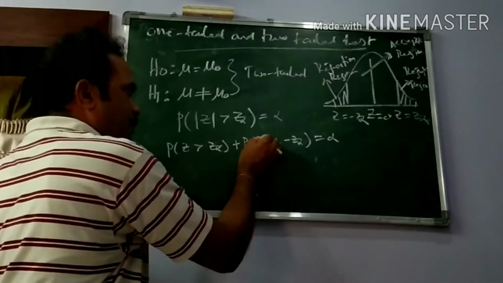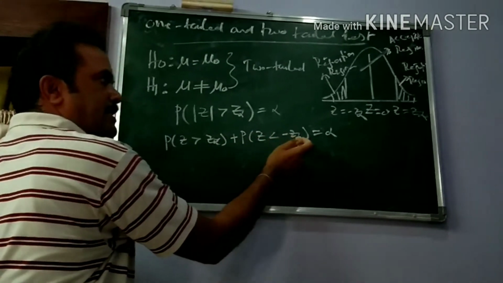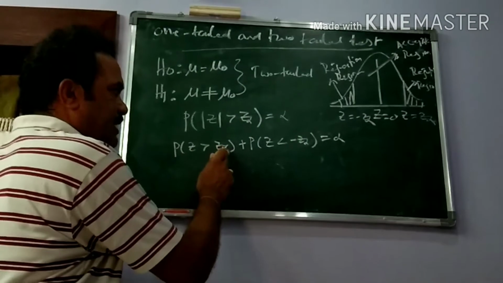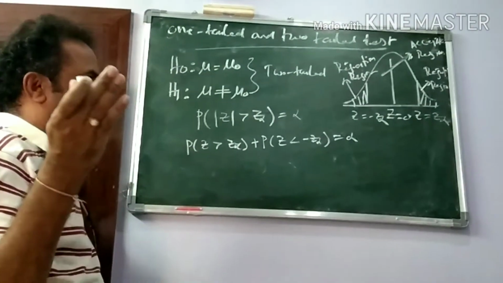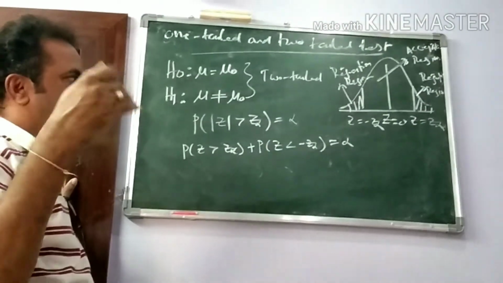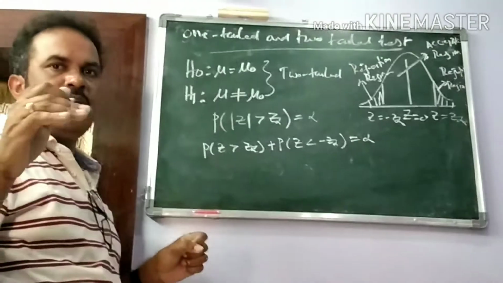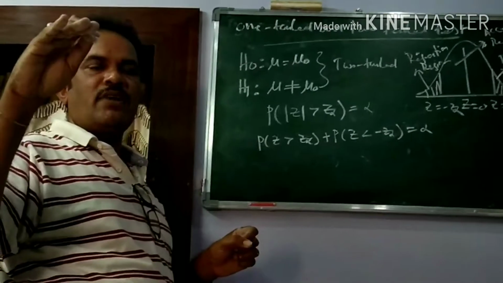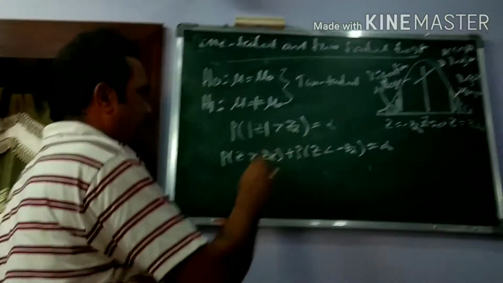By applying the symmetry property, probability of z less than minus z alpha is the same as probability of z greater than z alpha. The symmetry property means the area between minus infinity and 0 is the same as the area from 0 to infinity.